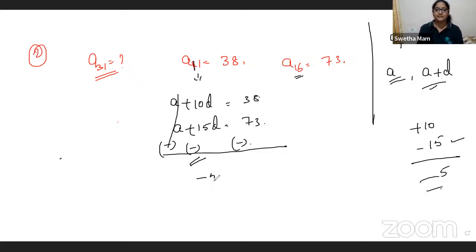So it is minus 5D is equal to minus 35. 73 is the big number, so keep the minus sign. Whichever is the big number, write that on top. So subtract: 38 from 73 is 35. Big number has minus sign, so it is minus 35.